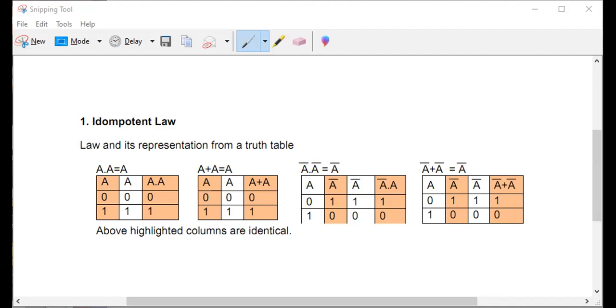In multiplicative form, or in multiplication, Boolean expressions are multiplied by each other.